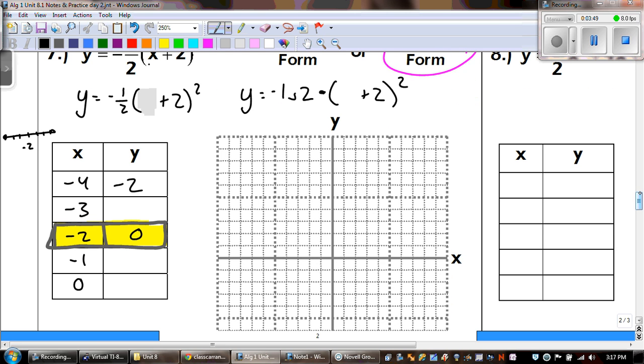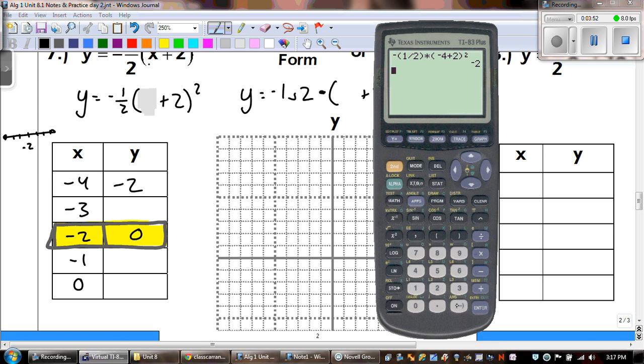Let's do -3 together. So -1/2 times (-3 plus 2) squared. And we get, ooh, that's weird. Guys, it's okay. You can have a fraction or a decimal. And if you don't know what it is, turn it into a fraction. Other people, I think you hit the second PRB or the S to D button, depending on if you have a Casio or a TI.